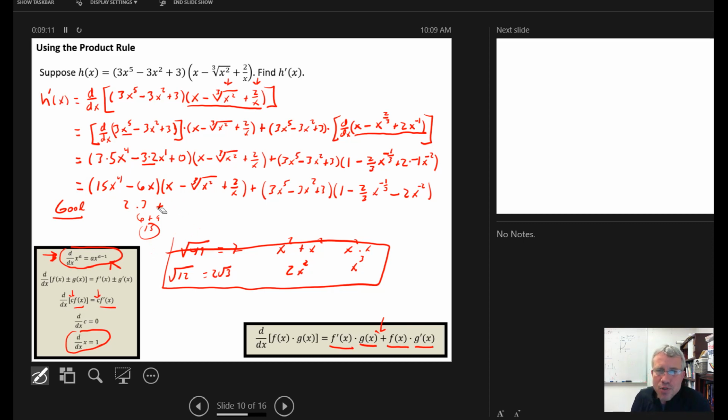And again, that would be so much work that it would defeat the purpose of using the product rule in this case to find the derivative. If we were going to multiply everything out and then simplify like terms, we might as well have multiplied everything out to begin with. So this is one where I think the spirit of this problem is to go ahead and leave it like this.